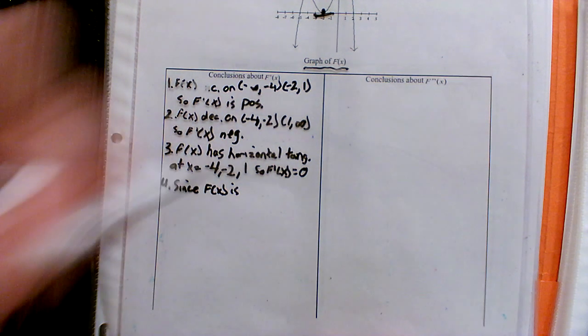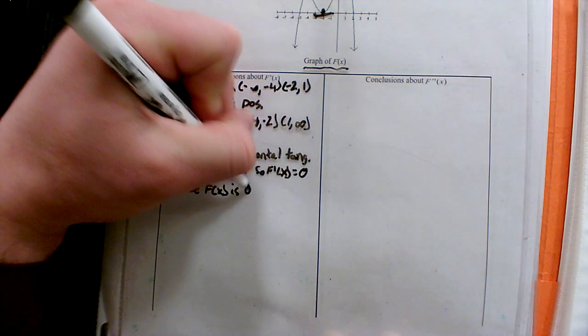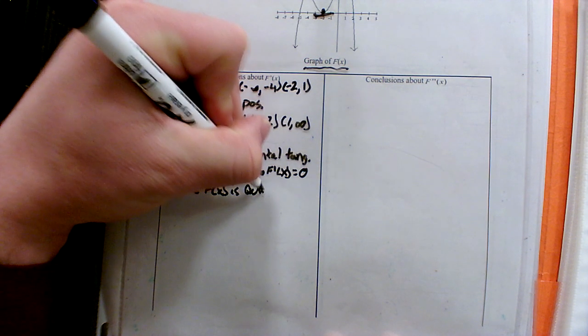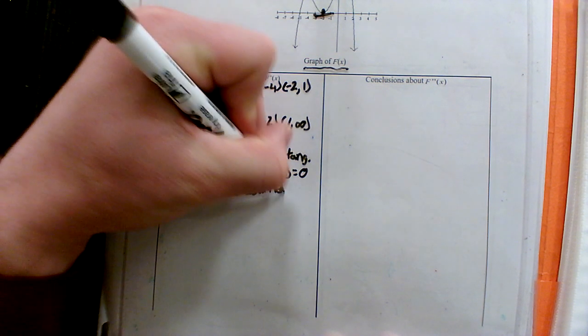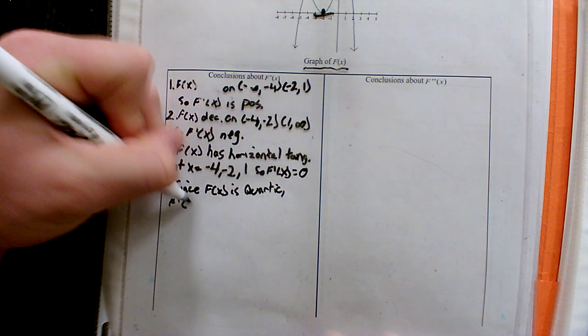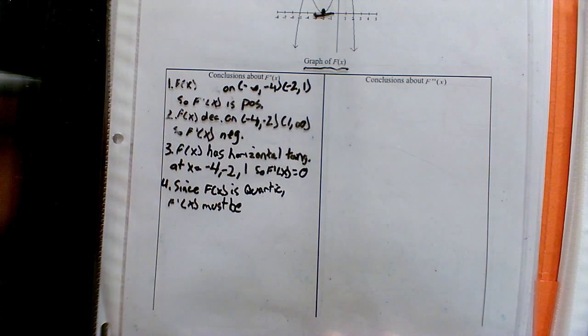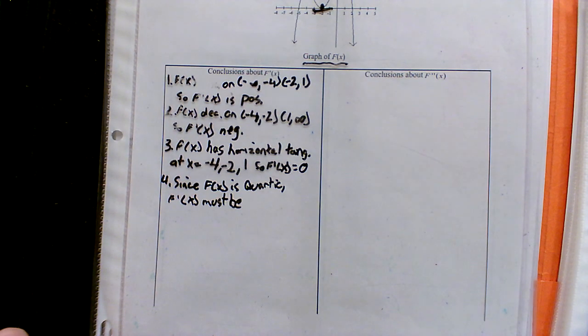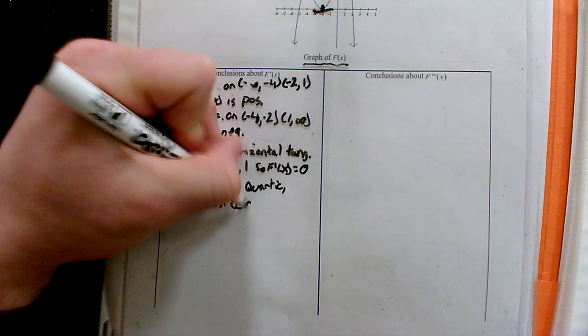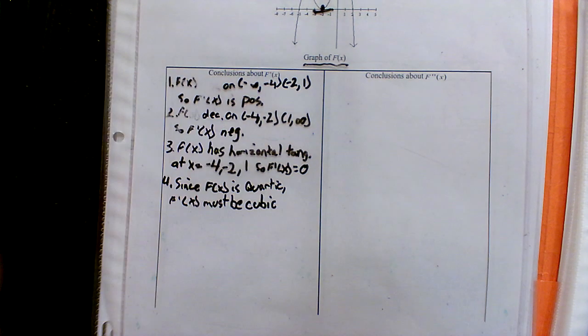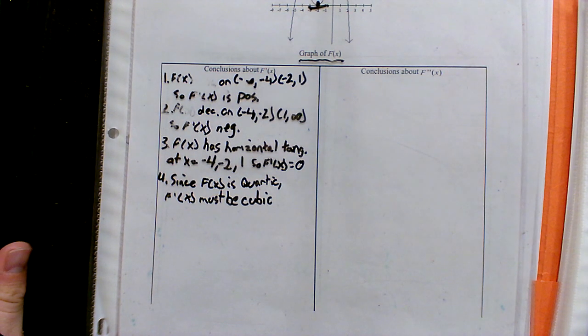It's quartic, yeah, it's to the 4th power. So f of x is quartic. So f prime of x must be what? Cubic, exactly. So there's a lot of these. They're not too difficult. Some basic ideas that we've been using the entire lesson.